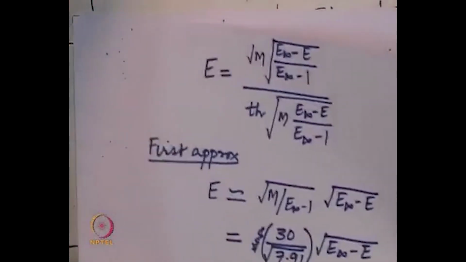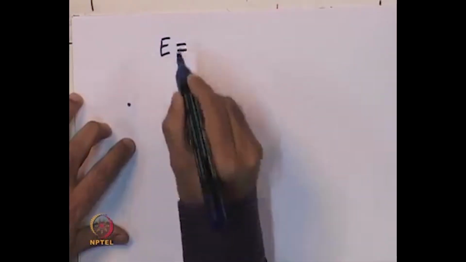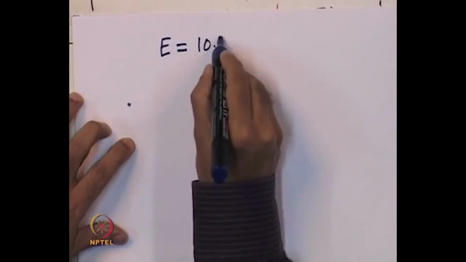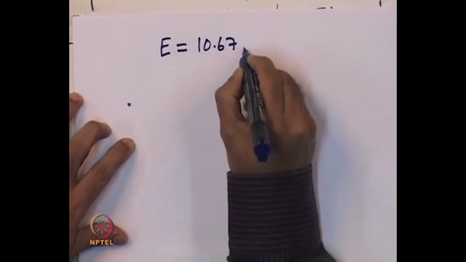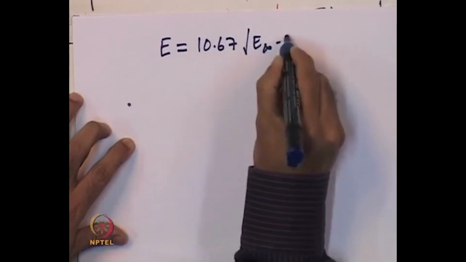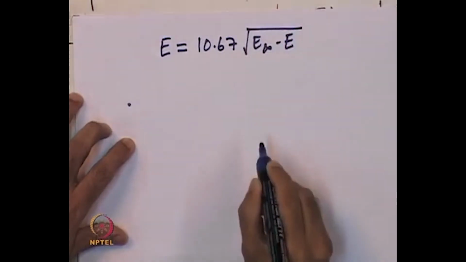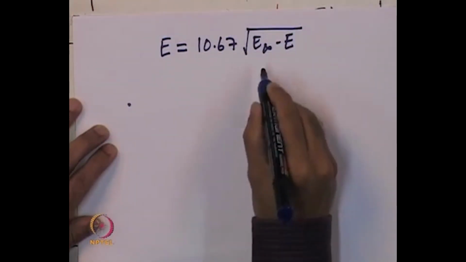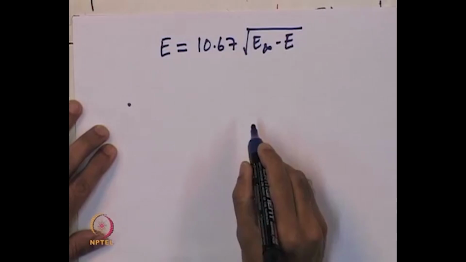Therefore, we have the equation E equals 10.67 times square root of E infinity minus E, and E infinity we know to be 8.91.